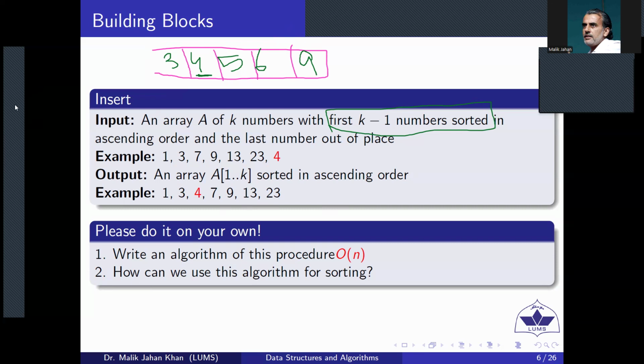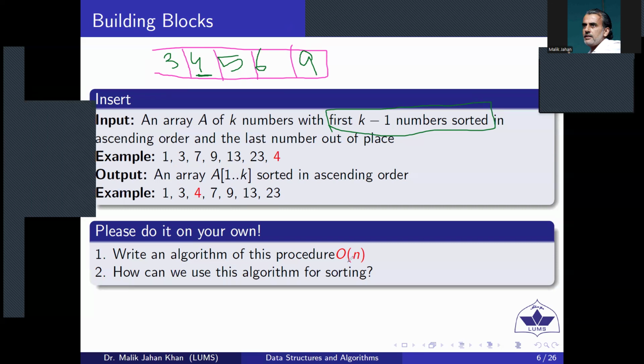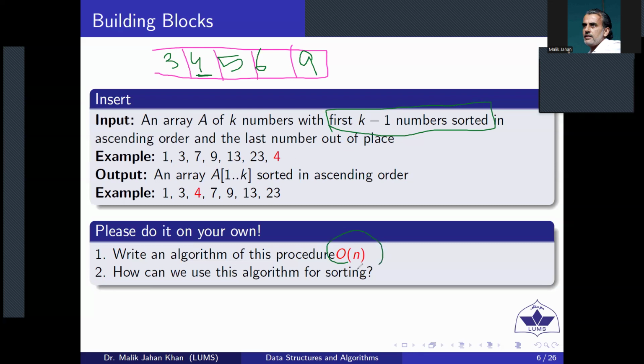So what we know is that one insert procedure takes big O n time in the worst case. So if we are calling it n times or n-1 times, this will lead us to big O of n square. So this is our first sorting algorithm which we have devised, which is using the insert procedure again and again as its building block, and it takes big O n square.